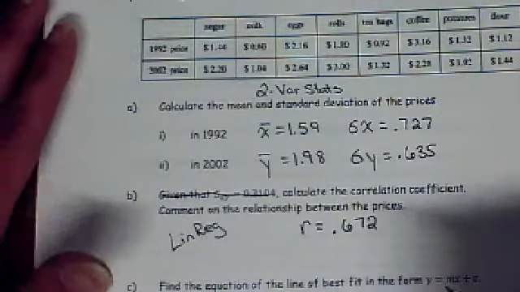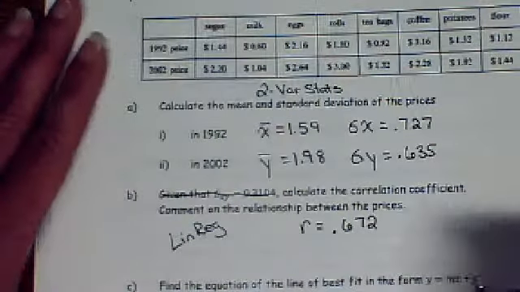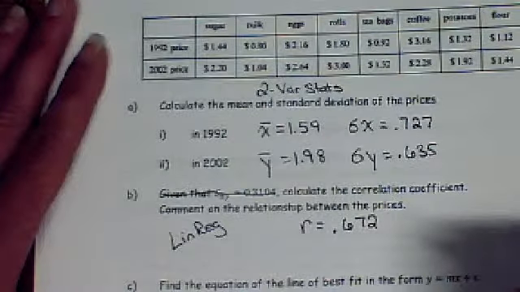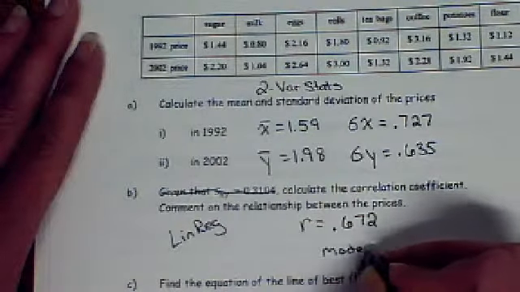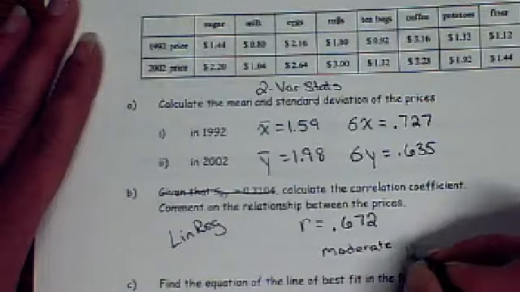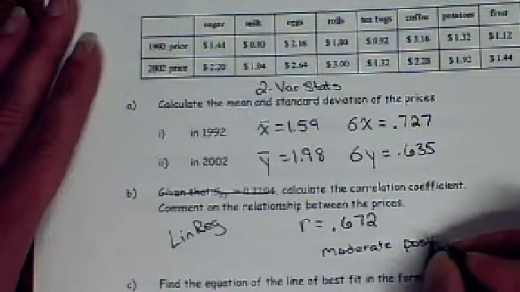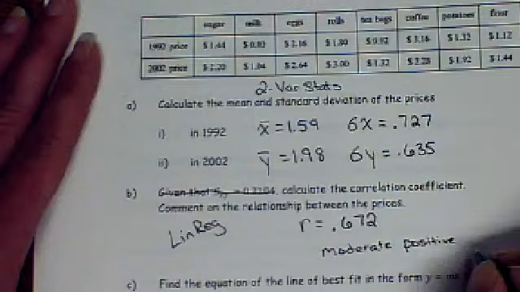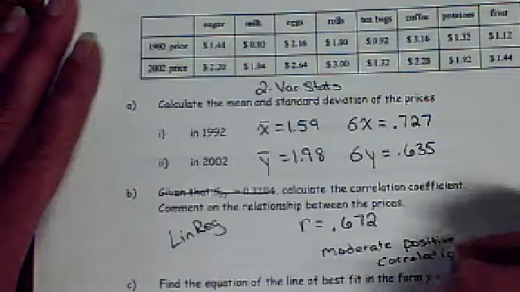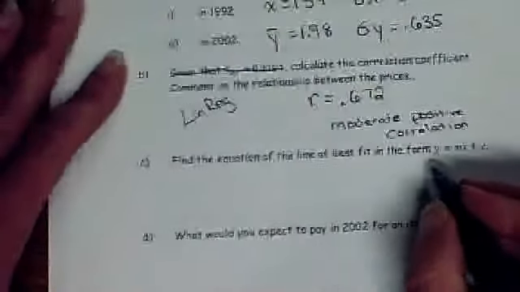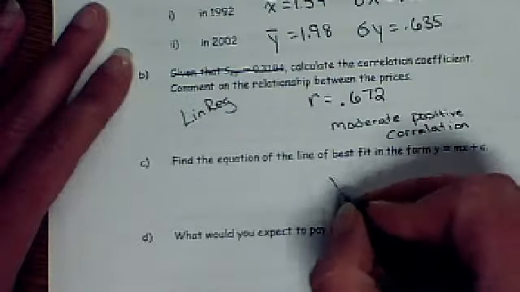Notice it's a positive correlation, but is this one really strong? I consider this one a moderate positive correlation. Also, from the screen that you have, you should be able to write your line of best fit.